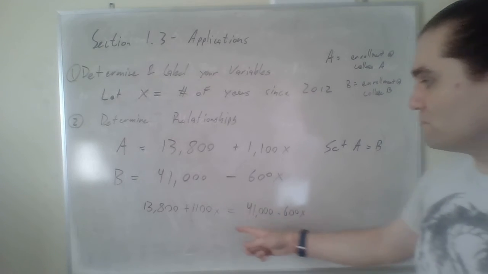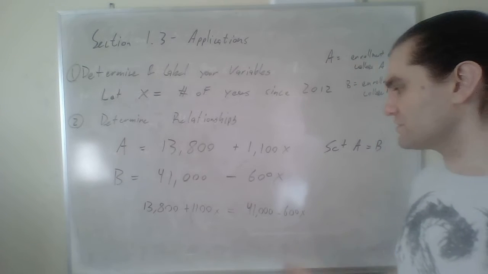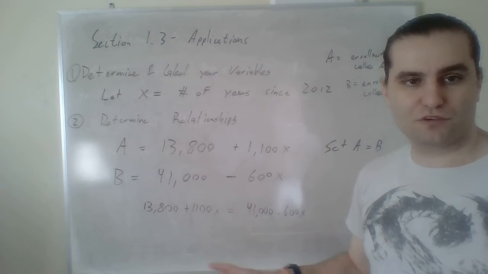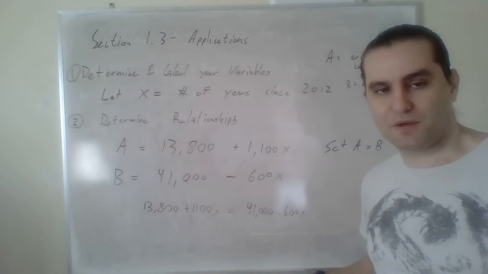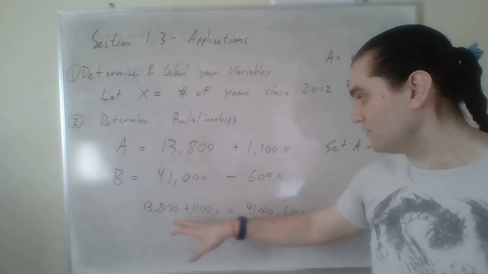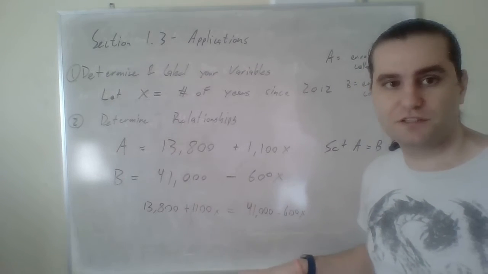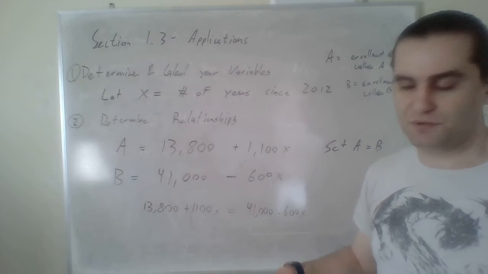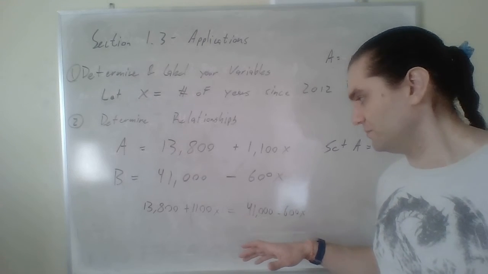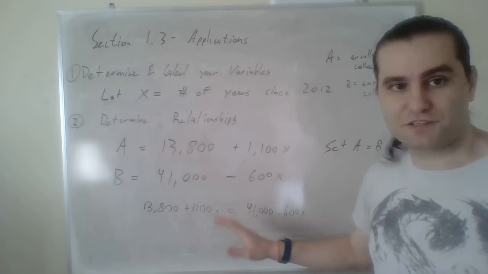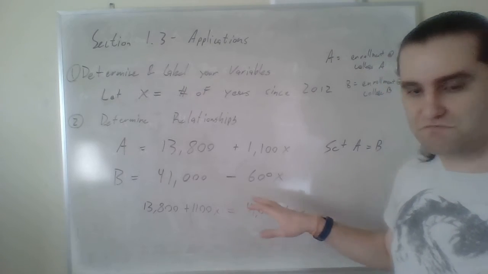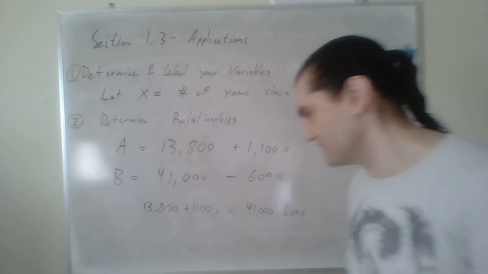Once you have set them equal, this is the point at which we can depart from the story problem. Because now what we have is a linear equation, and we know how to solve linear equations. We're really good at that. So from here, it's just math. We've successfully done our translation. Just math. We can finish this.